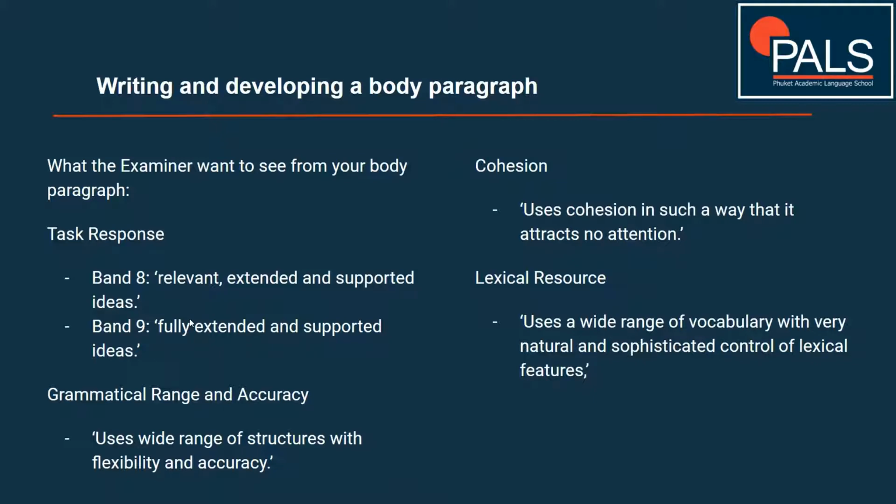Also, you can get some compound sentences in there, using coordinating conjunctions like and or but or so. You can also get some complex sentences in there. The easiest way to do that is to use if clauses, or use words like after or since or because.